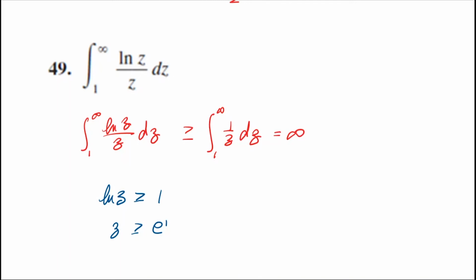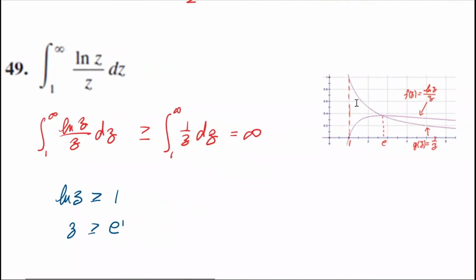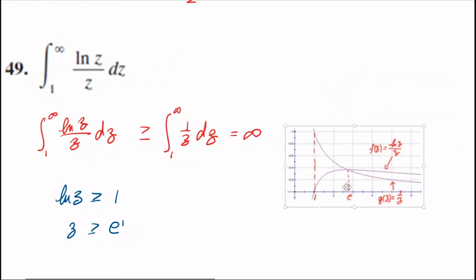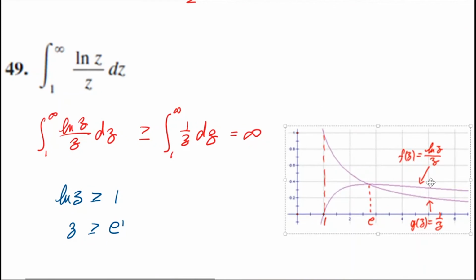Let me show you graphically. I'm going to copy that and make it appear on the side. Okay, let's see this graph. See, this part is ln z over z, and this is 1 over z.